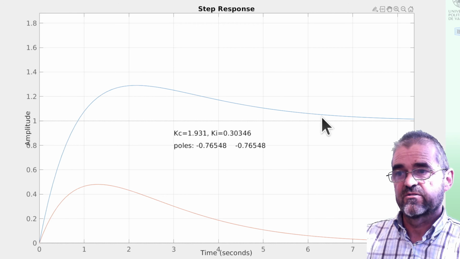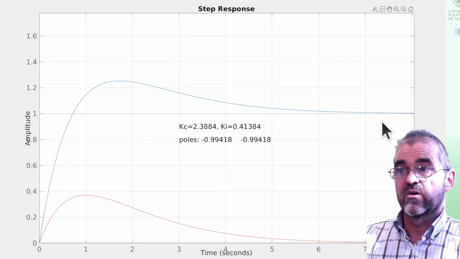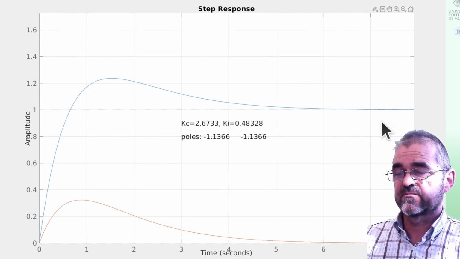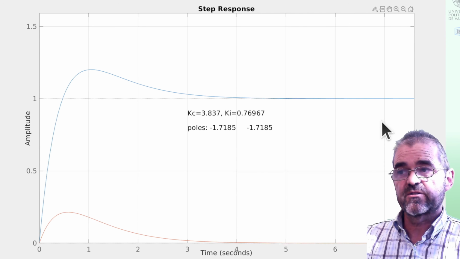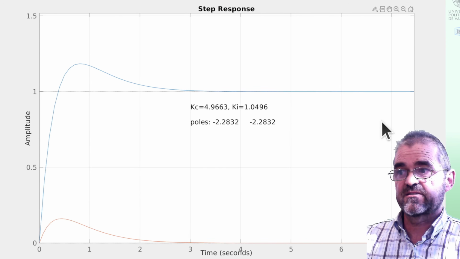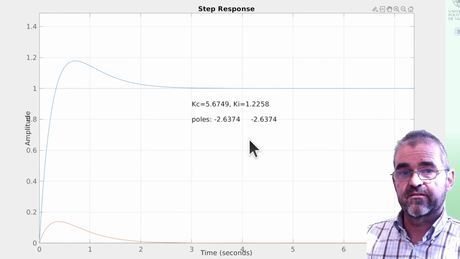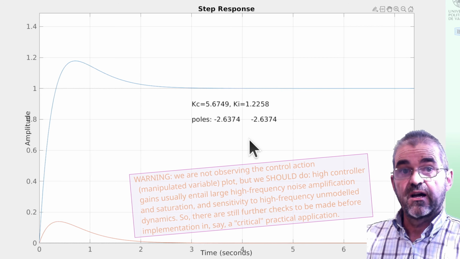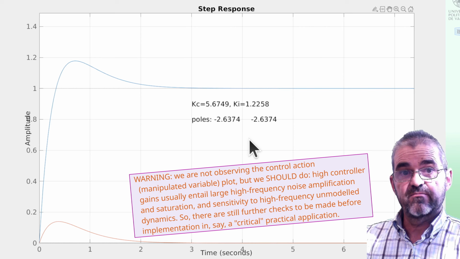We are having sort of 6-7 seconds settling time and 25% overshoot and this disturbance rejection, and increasing both proportional and integral gains. We get this family of non-oscillatory responses that are progressively faster and more stringent performance in disturbance rejection. Of course, higher gains will imply higher likelihood of saturation in practice and of high frequency noise amplification.